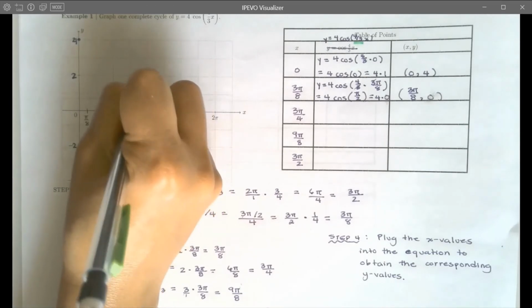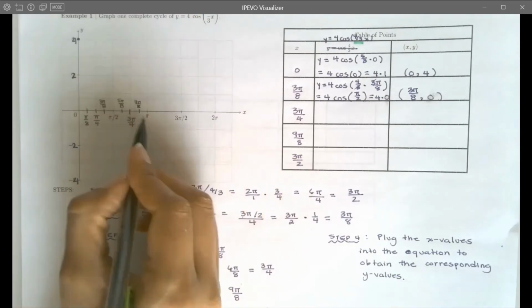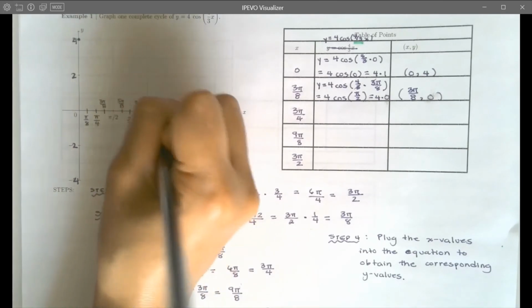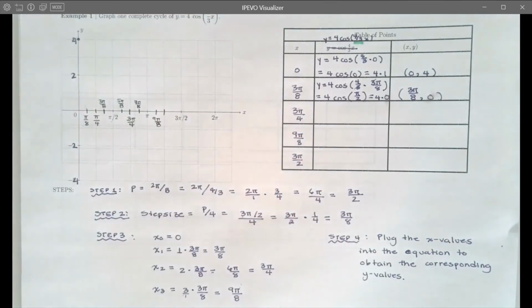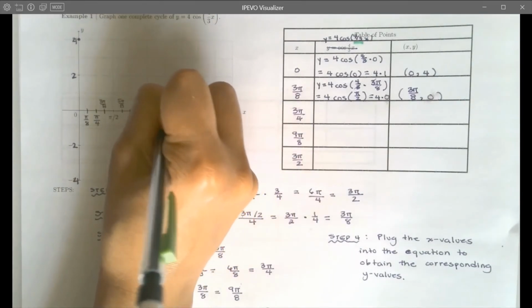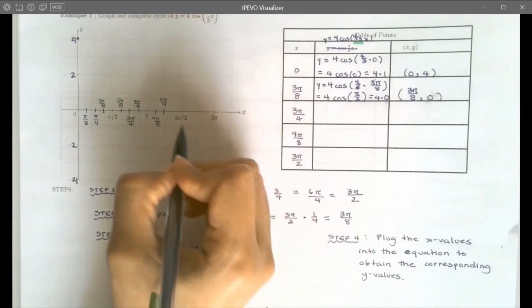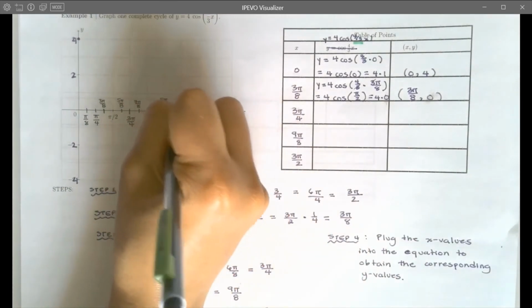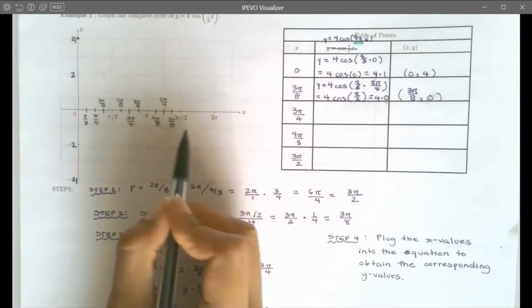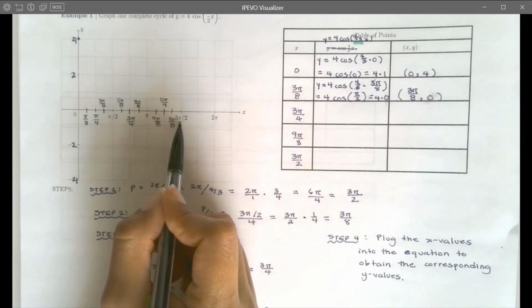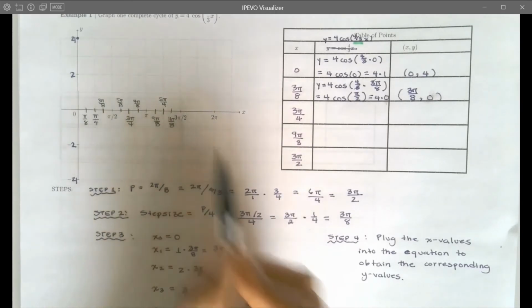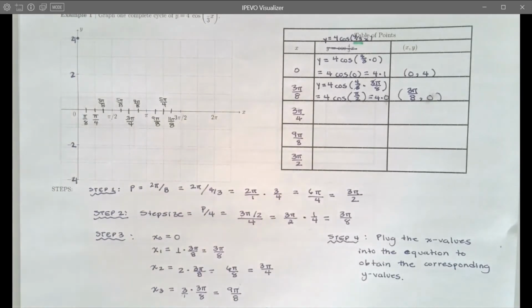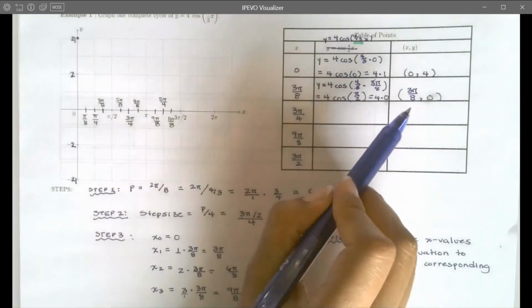Then we'll have 7 pi over 8, 8 pi over 8, 9 pi over 8, 10 pi over 8, which reduces down to 5 pi over 4, 11 pi over 8, and finally 12 pi over 8, which reduces down to 3 pi over 2. I say finally because that is the last x value that we're going to be plotting, so I don't need to go beyond 3 pi over 2. So we'll stop there, and now we'll go ahead and plot.